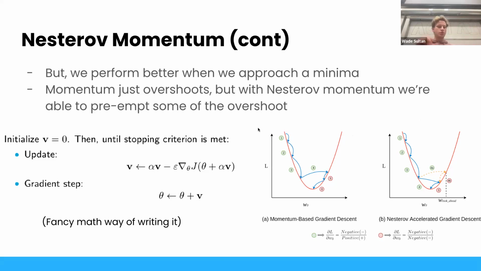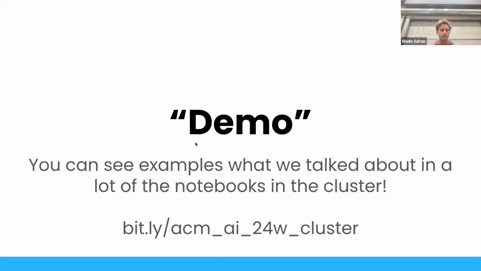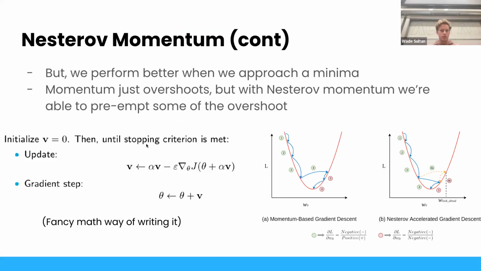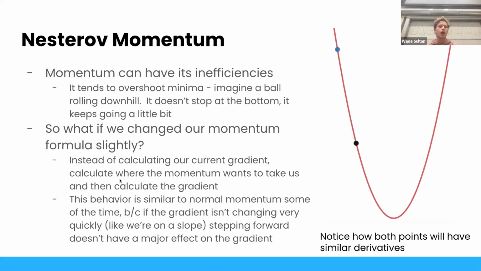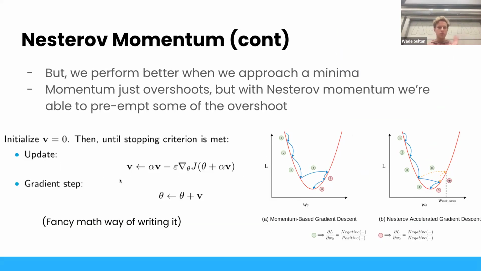So here's our Nesterov momentum. This is just regular momentum. And then for Nesterov, we actually compute the gradient in the alpha v direction. We compute it at this new point, and then we update according to this rule.